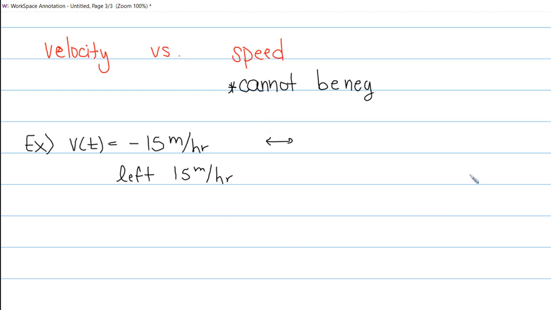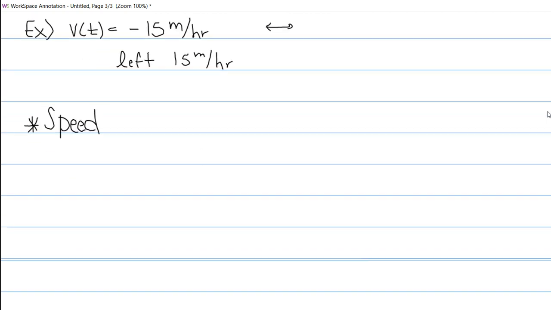Now, here's another thing that we need to know about speed. Speed can increase and decrease, and here are the things that we need to look for. There was an activity attached with this in pre-AP, pre-cal, and as of right now, we just don't have time to go over that again, so just trust me on this. Speed is increasing if and only if my velocity and acceleration have the same sign.